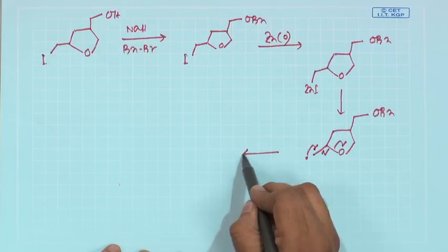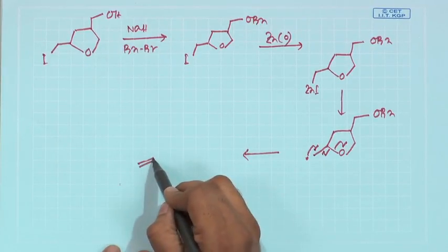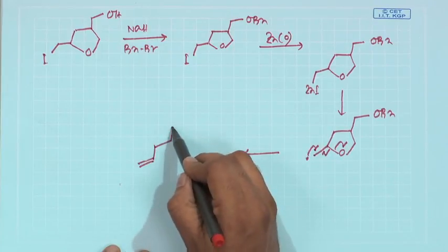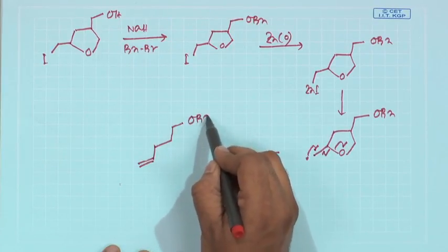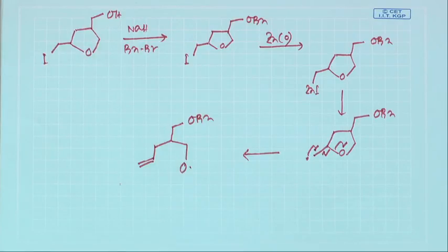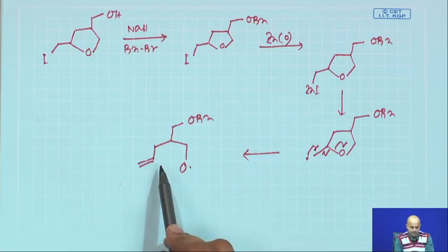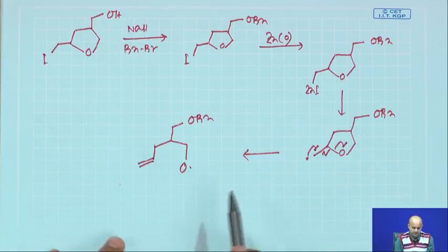So, you will get a double bond here, OBn, and you get these things. So, this is the main reaction which is responsible for the desymmetrization.